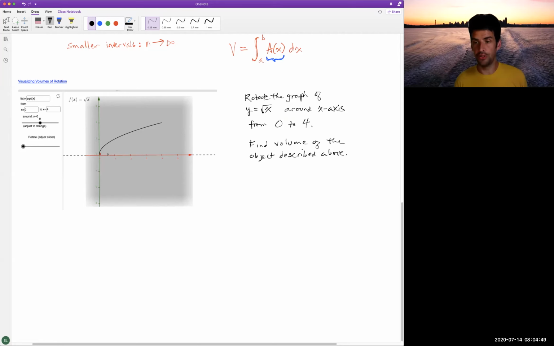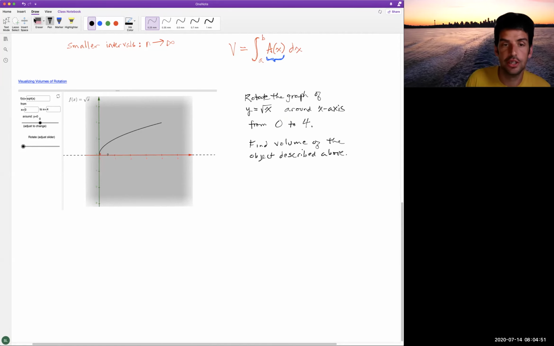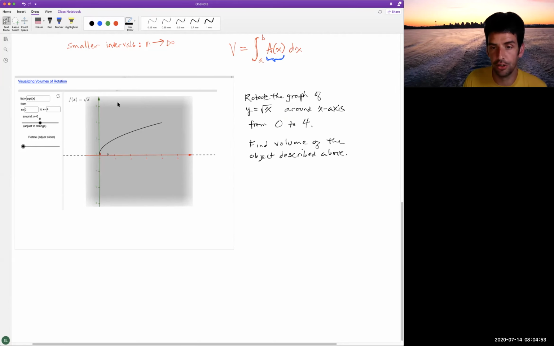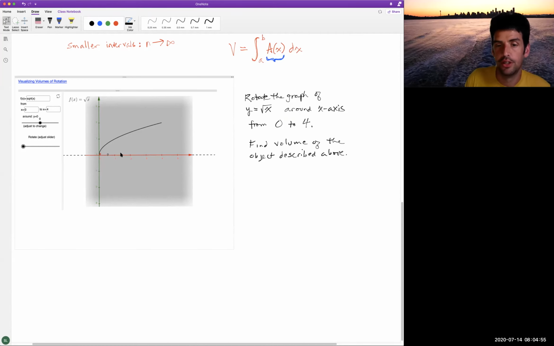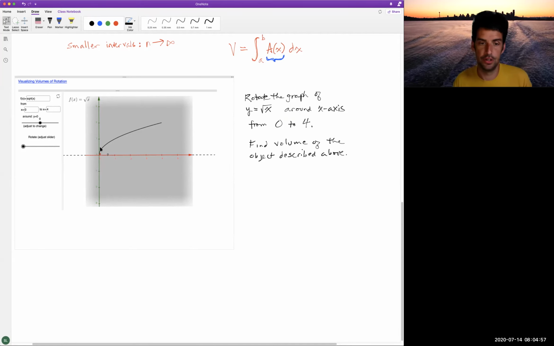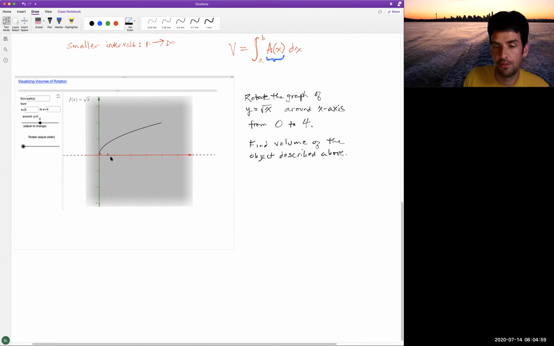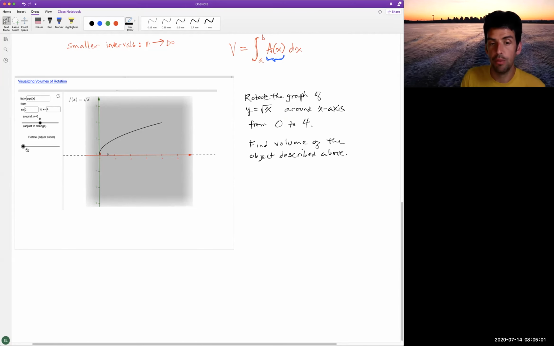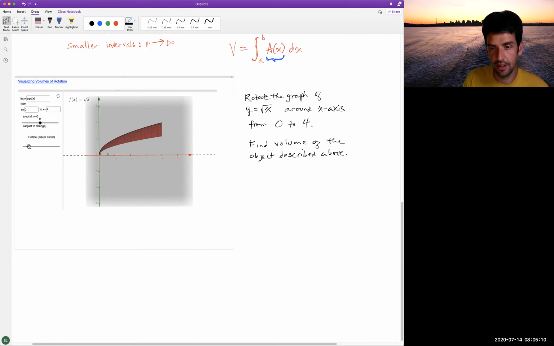So this might be a little hard to picture. Let's see what we can do here. Here I have the graph of square root of x from 0 to 4. What we want to do is rotate this graph around the x-axis. The x-axis is in red here. And as I slide this, there's a rotation happening.